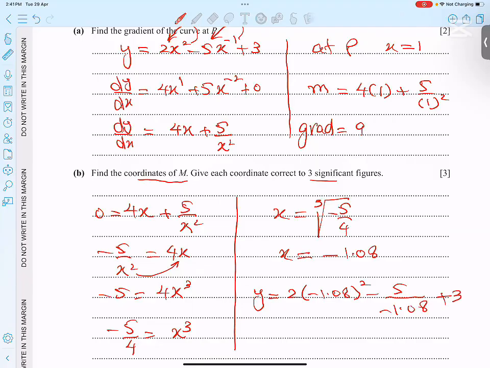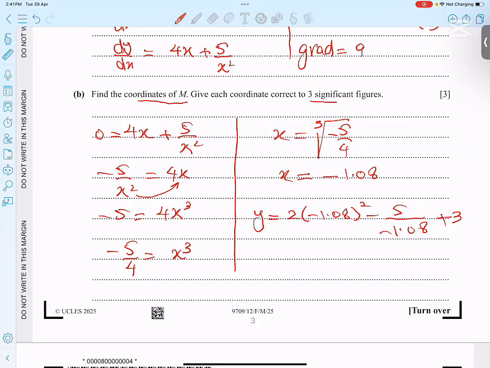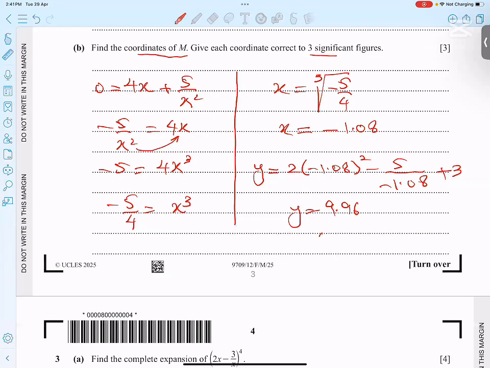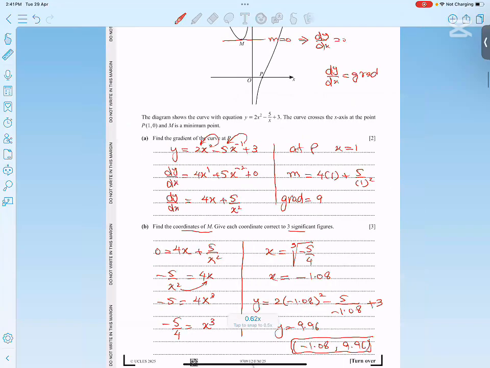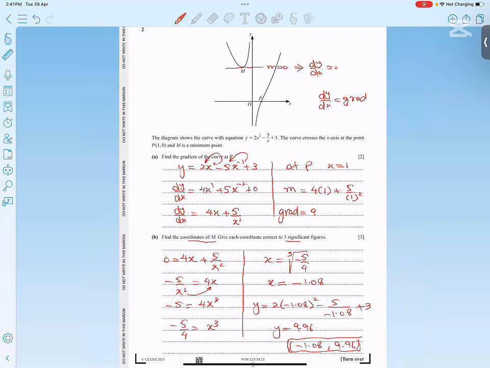And if we type this in the calculator, the value becomes 9.96 after rounding. So the answer is finally x equals negative 1.08, and the y coordinate is 9.96. And I hope the concept is clear. And question number 2 is completely over.